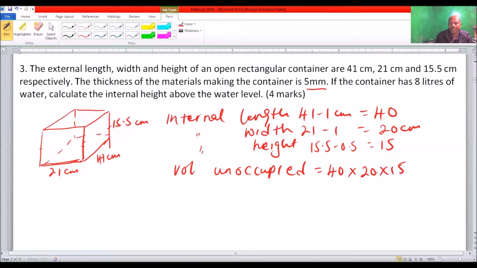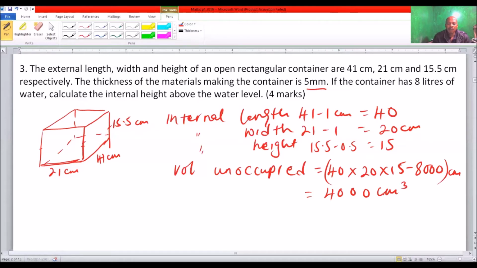That is the capacity inside the tank, and it has 8 liters. 1 liter is the same as 1,000 centimeter cube. So this will be 8,000 centimeter cube. When you work that out, you get 4,000 centimeter cube.